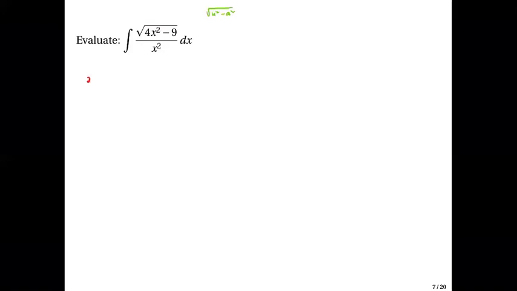So we have 2x equals 3 secant x. So if we look at this form here, u, that's just 2x, a, that's just 3.